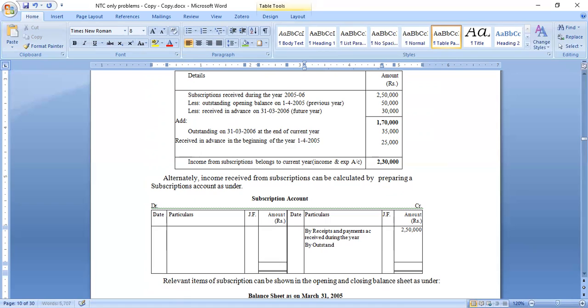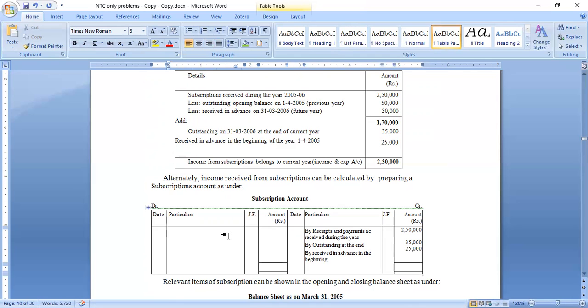By outstanding at the end, 35,000, and by received in advance in the beginning, it is 25,000.